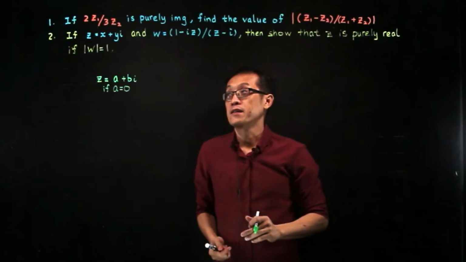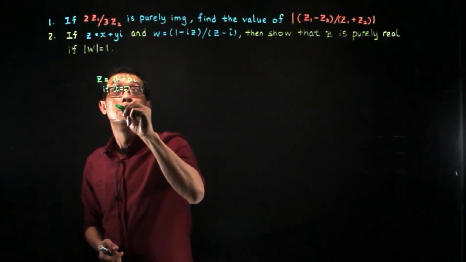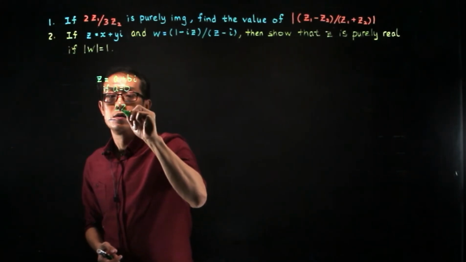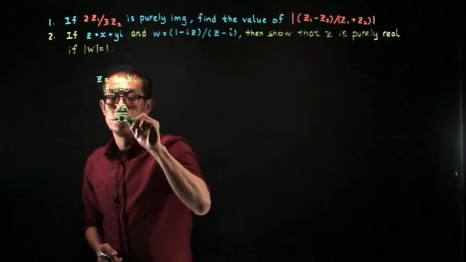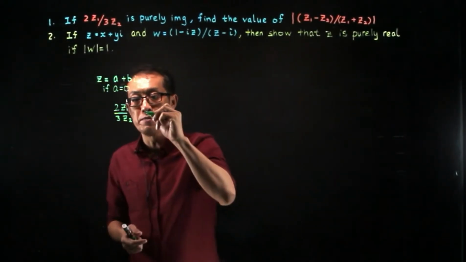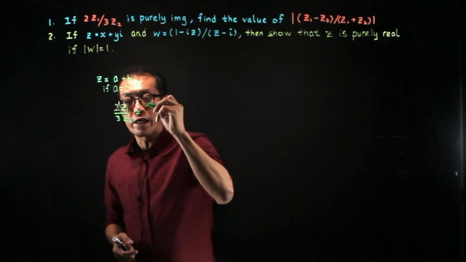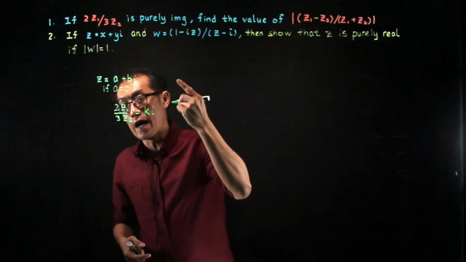Okay, let's start the question now. We are given that 2z1 over 3z2 is purely imaginary. If this is purely imaginary, that means I can write it in the form equal to ki.